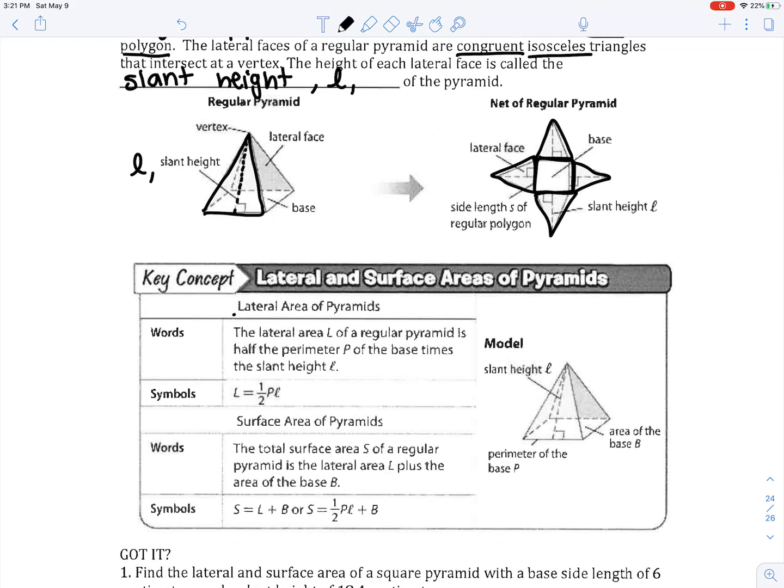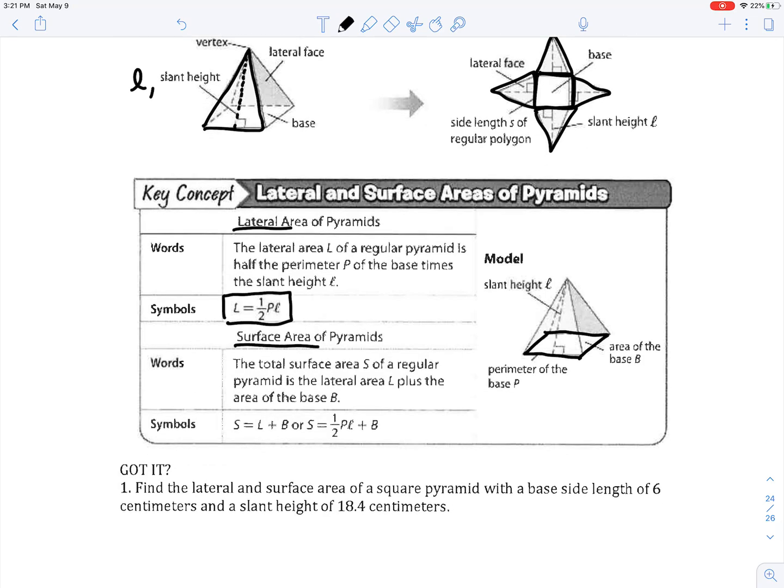So let's start with the lateral area. As a reminder, lateral area does not include the base. To find the lateral area of a pyramid, we do 1/2 the perimeter of the base times the slant height. So we will find the distance around that base, multiply it by the slant height, and then divide by 2.